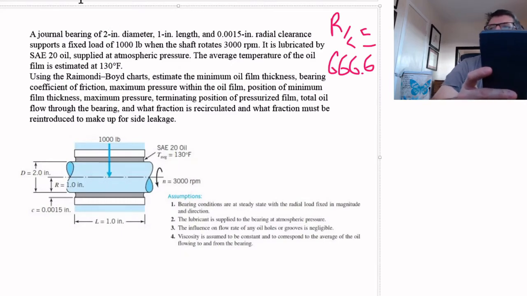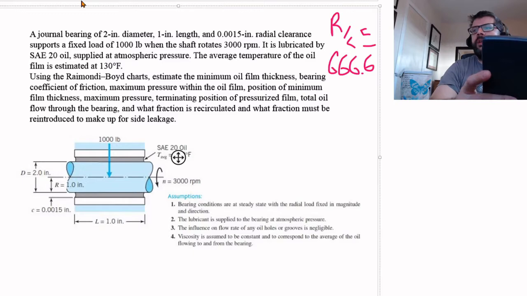And we are supporting a fixed load. That fixed load is 1,000 pounds, and the shaft is rotating at 300 RPM. So with a fixed load of 1,000 pounds, we should figure out what our P is.